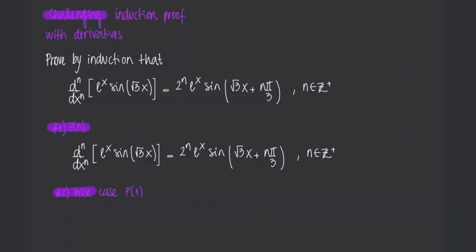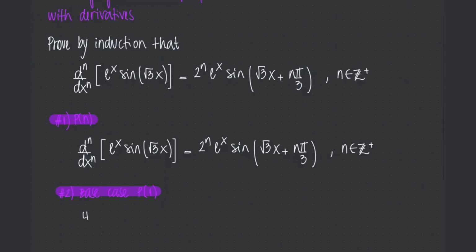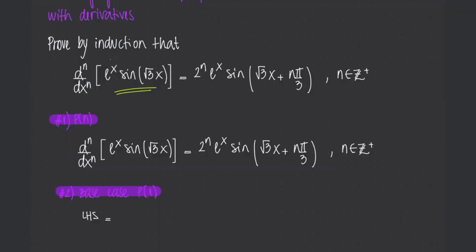As mentioned before, in the base case, we're going to evaluate p of 1. On the left-hand side, we will differentiate this function using differentiation rules, those being power rule, the chain rule, product, or quotient, whatever makes sense for this exercise. In this case, we have a combination of product and chain. So we have these 2 pieces, e to the x and sine of root 3 times x.